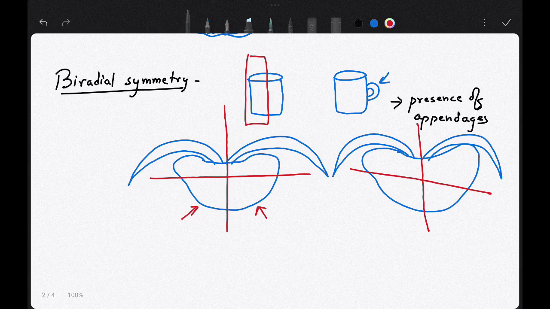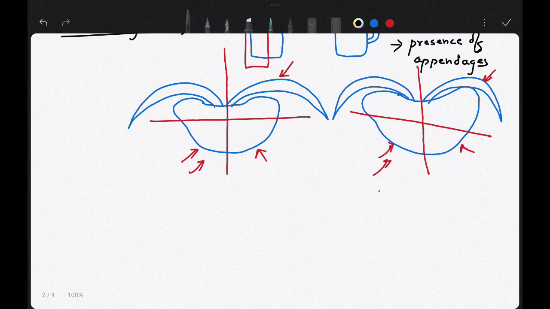Similarly, here the right portion will look similar to the left portion, or the upper portion will look somewhat similar to the lower portion, but not completely similar, because of the presence of appendages. This makes them different from the radially symmetrical organism. Biradial symmetry is also found in jellyfish. You give the example jellyfish.